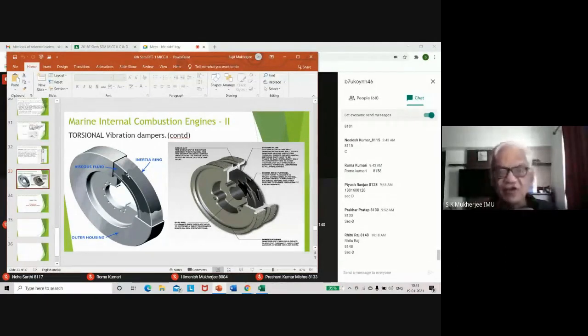It may be silicone, it may be a synthetic material, something which does not get damaged easily and does not leak out easily. So between the ring and the casing, you can see there is a shaded portion here and a shaded portion here. That is where the viscous liquid is.